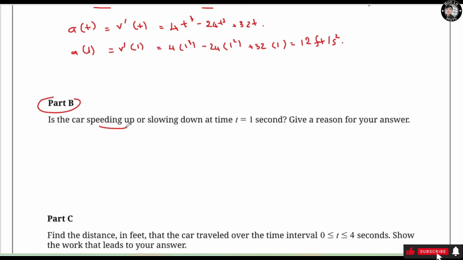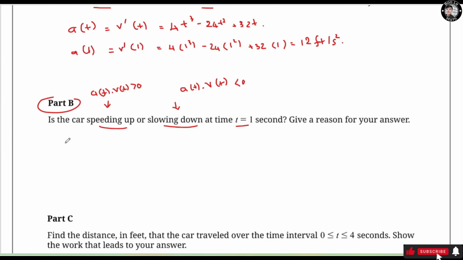Now question B. Is the car speeding up or slowing down at time t equals 1 second? Alright, so speeding up if a(t) and v(t) have the same sign, and slowing down if a(t) and v(t) have opposite signs.